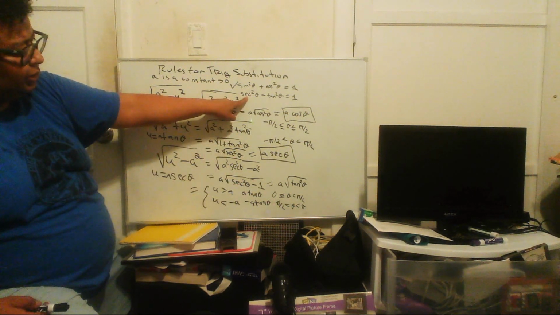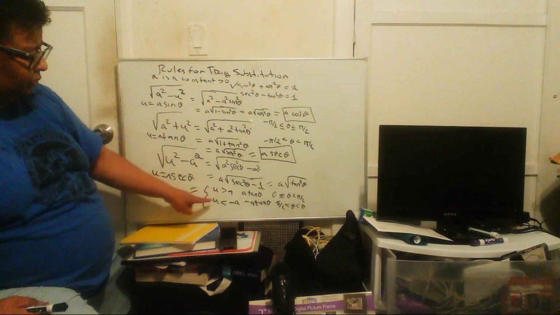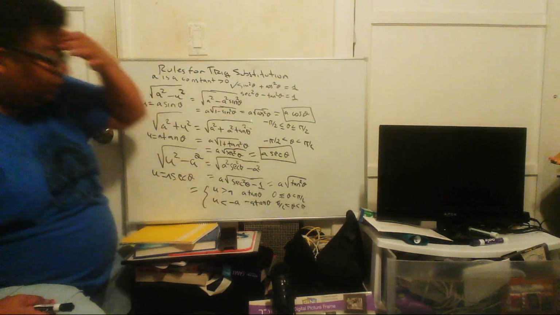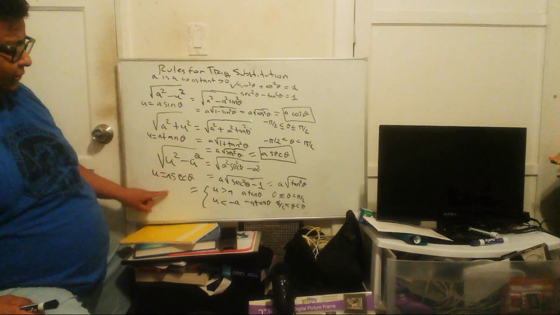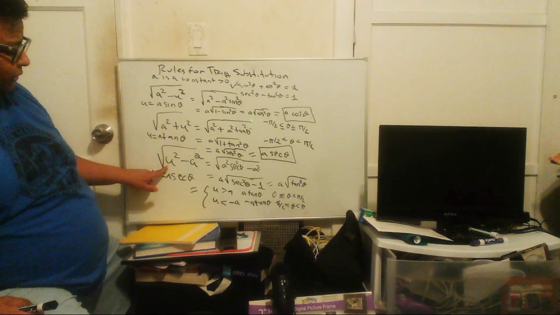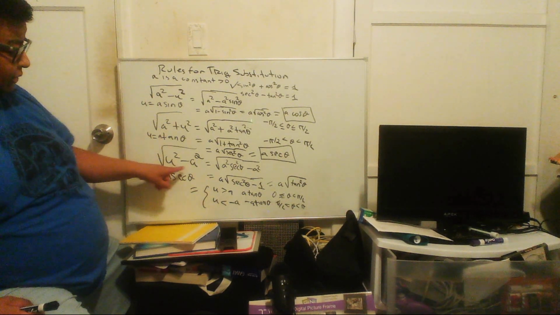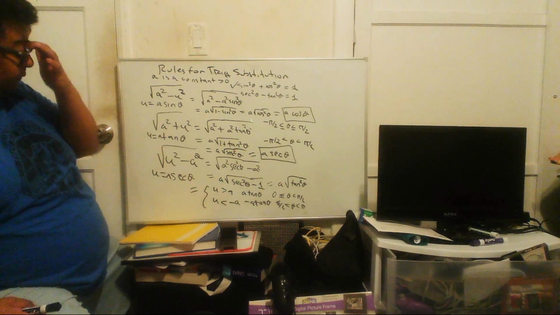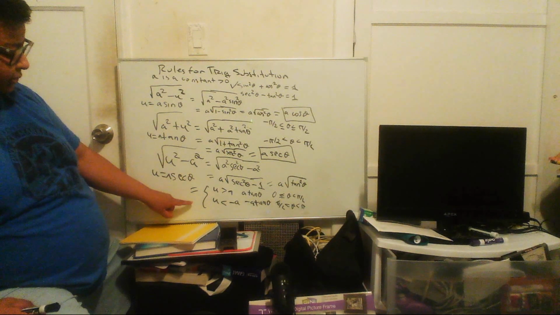Then you use this trigonometric identity, and you substitute tangent squared theta under the radical. But this case is a little different because u could be greater than a, or u could be less than negative a. So in that case you have two cases.